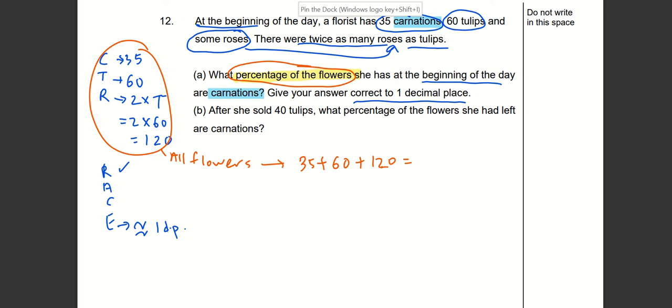That adds up to a total of 215 flowers. You want the percentage of all the flowers being carnations, so I zoom into carnations, that's 35. Out of all the flowers, I'm looking at carnations.